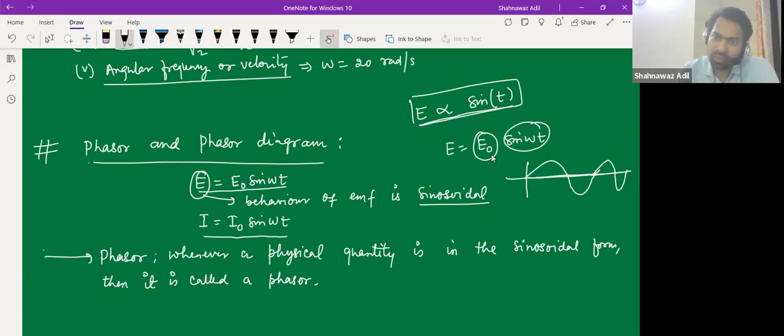Understood? So then this E is called a phasor. Similarly, you have a current, which is behaving like this one.